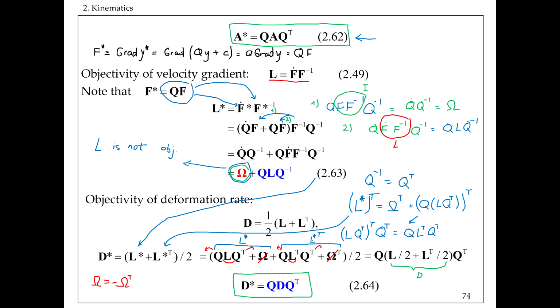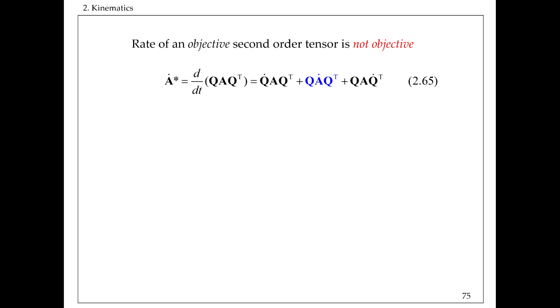And at the end, let us conclude this discussion of objectivity with an important notion: even though a second order tensor is objective, the rate of that objective second order tensor, and when I say the rate, I mean the change in time, when we take the derivative, is not objective.